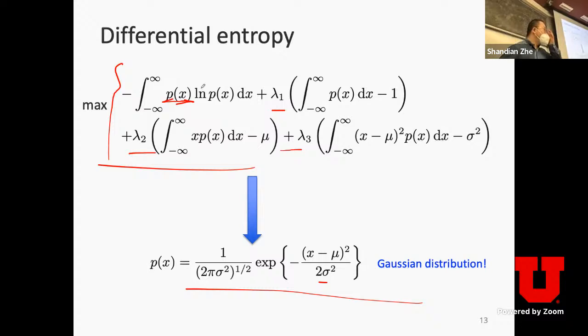So it seems like there is some equivalence between the uniform distribution for discrete variables and the Gaussian, in the sense that uniform maximizes the entropy for discrete variables, and Gaussian maximizes the differential entropy.